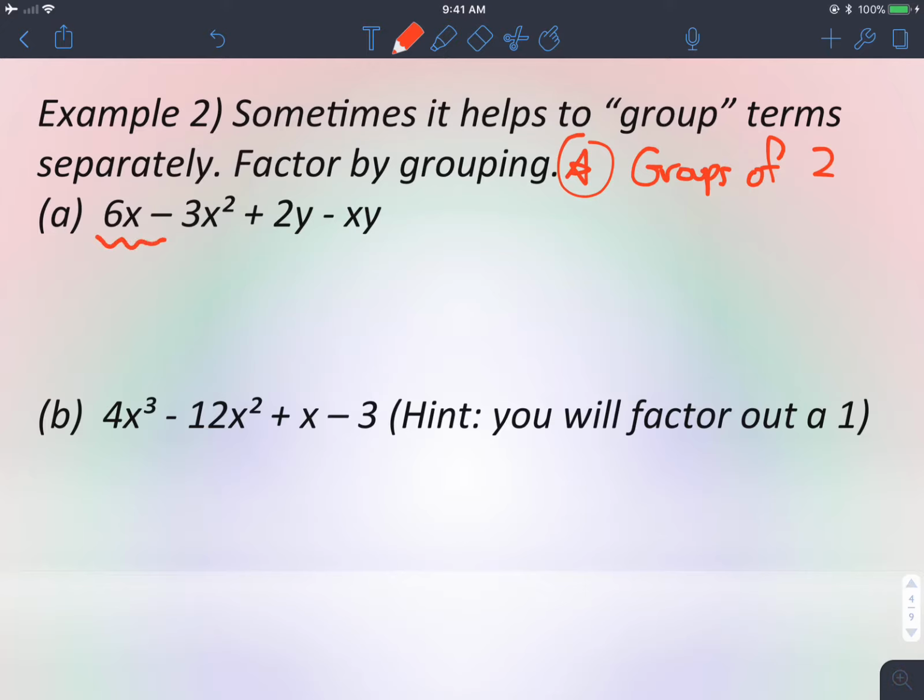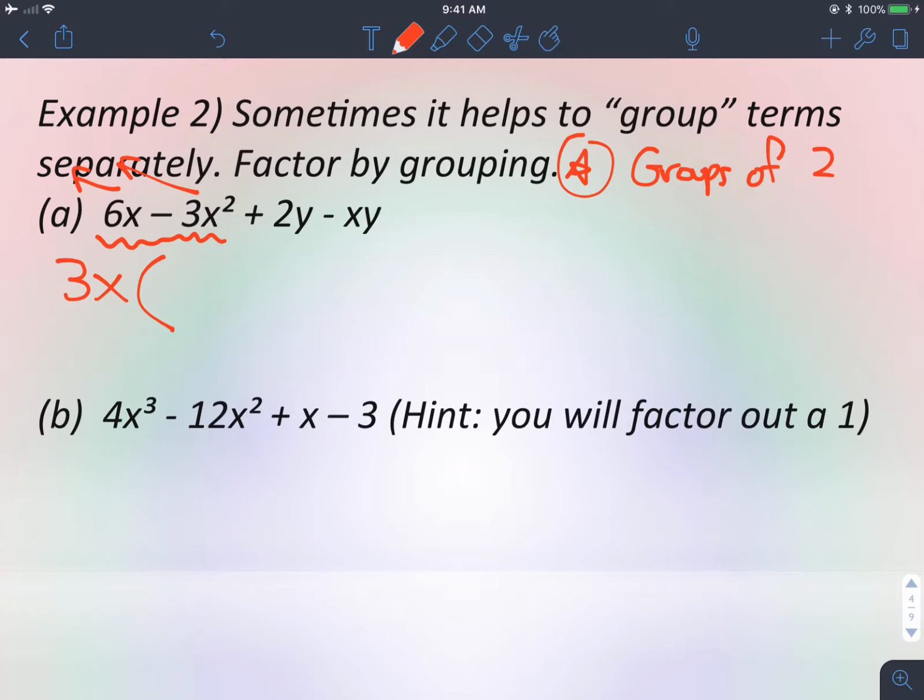So I look at the first 2 terms here, and I do the GCF of that. 3x. All right, only pull it out of the first 2 terms that we grouped.